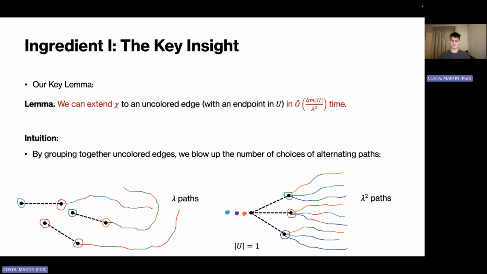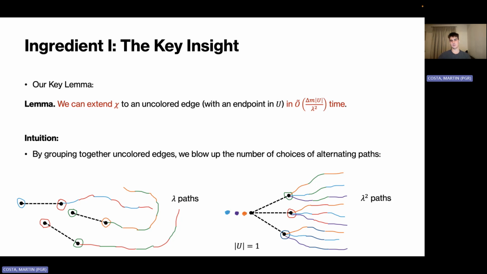So that means that it has at least lambda free colors. So now, instead of only having one alternating path starting from these external endpoints in this star, we can actually consider lambda, one for every single one of the colors that are missing at this central node. And this gives us lambda squared many paths instead of lambda, in this case where the size of U is equal to 1.